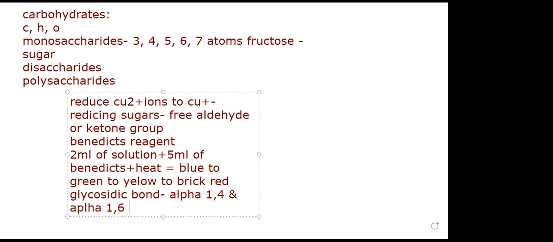Sucrose is a non-reducing sugar. Lactose is one glucose and galactose. Fructose is also having glucose and, sorry. So these are the things which we are going to call monosaccharides.